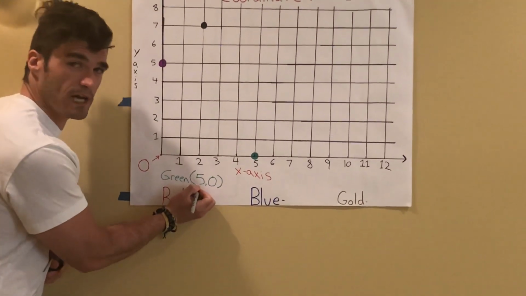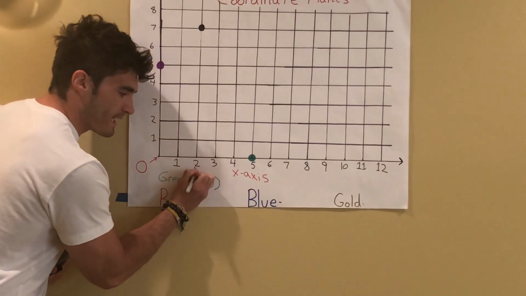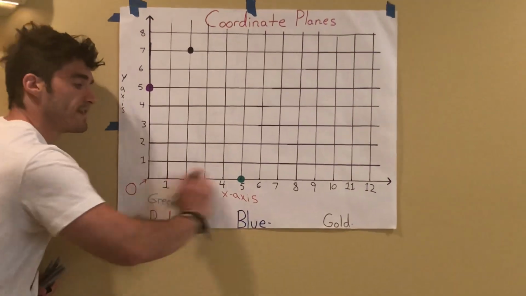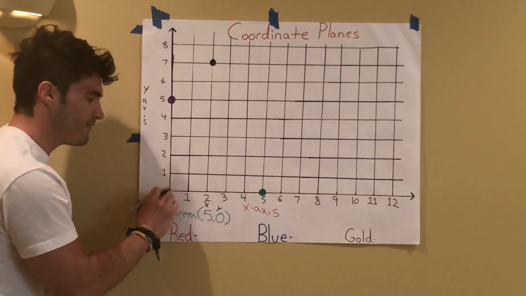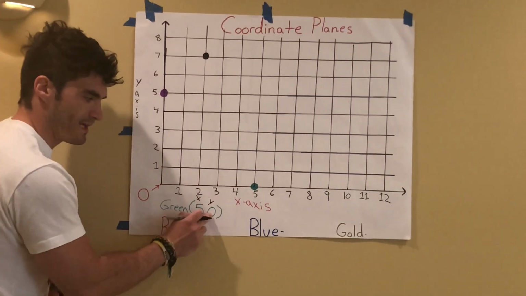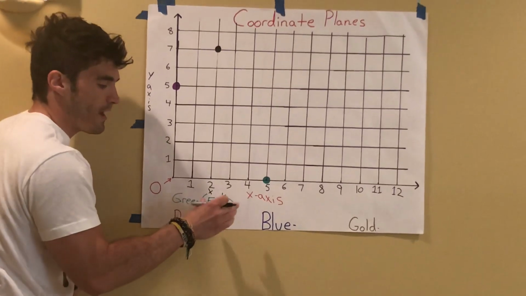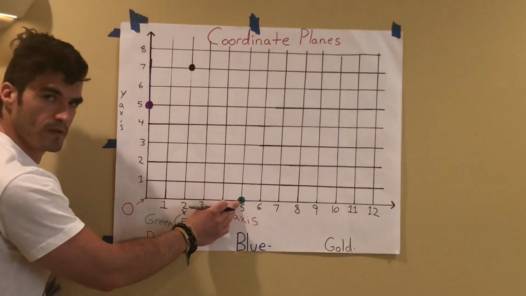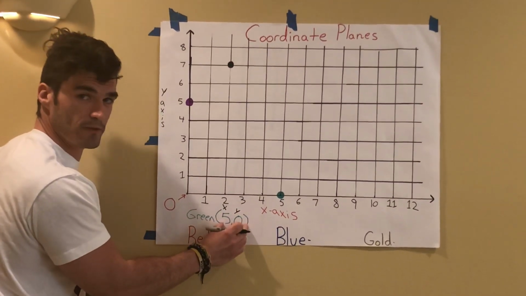It tells you how many spots you travel along which axis. It always goes x and then y. You have to move along the x-axis before you go along the y-axis. This is telling me I've moved over 1, 2, 3, 4, 5 for my x, and I've moved up 0 on the y-axis because I haven't gone up, which is how I've gotten this ordered pair as 5, 0. An ordered pair is just the two coordinates, x and y, put together in one.